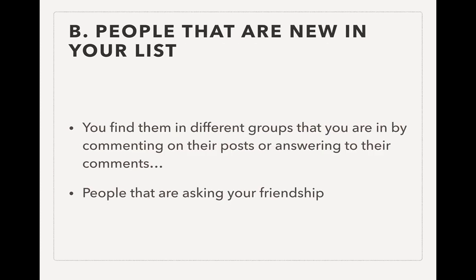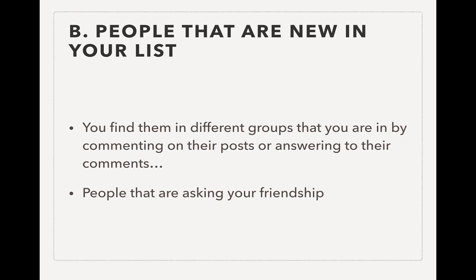And also we have people that are new in our list, again, we are talking about Facebook and Skype, especially Facebook in this case. Where are those people coming from? I don't know if this is happening to you, but it's happening to me all the time. I'm having people in my Facebook asking for my friendship, and they want to sell me bitcoins, they want to marry me, they want to promote their thing.